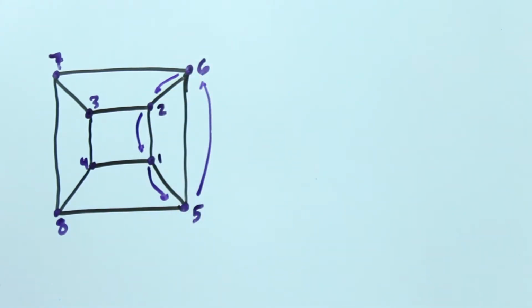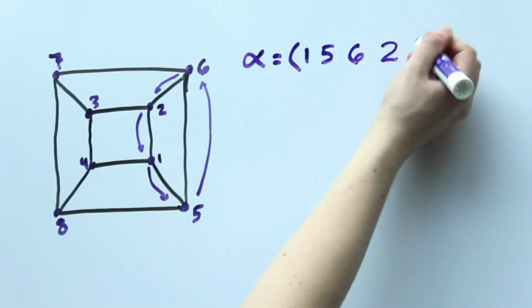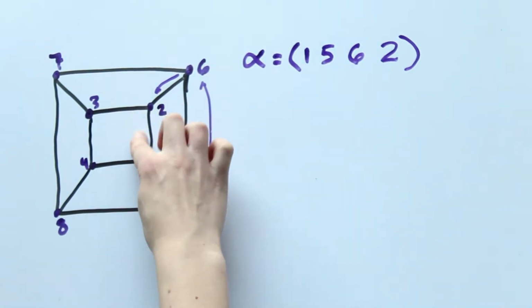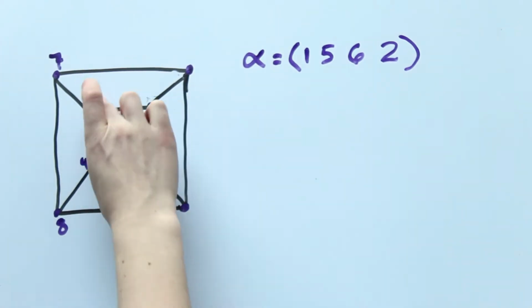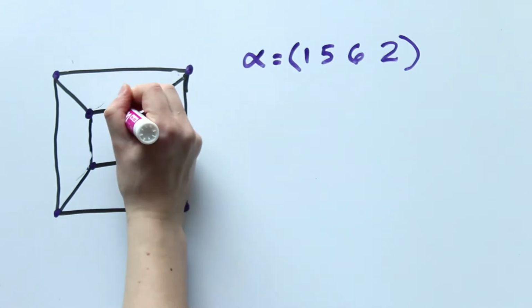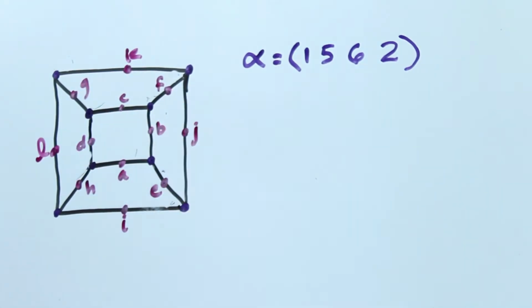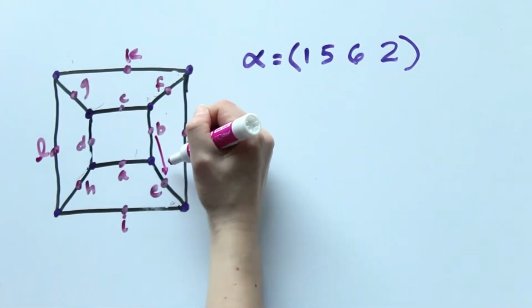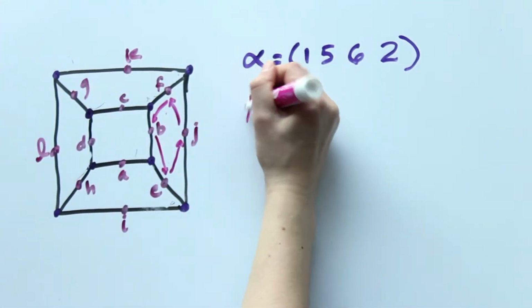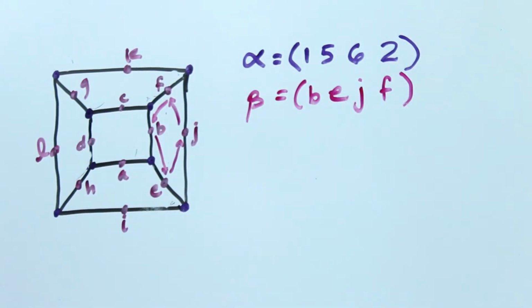So the corner permutation alpha is given by the cycle 1, 5, 6, 2. Now we can think about the permutation of the edges. We will label them A through L, as we did before. Again, our cube move corresponds to this cycle in the picture. Then the edge permutation beta is given by the cycle B, E, J, F.